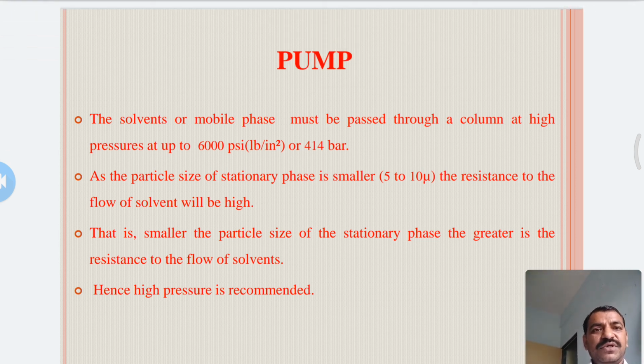Solvents or mobile phase must be passed through the column at high pressure. That's why we use a pump, which applies a pressure of about 6000 psi or 414 bar.